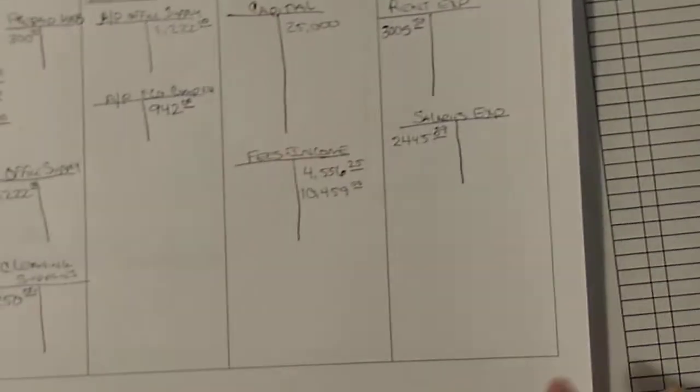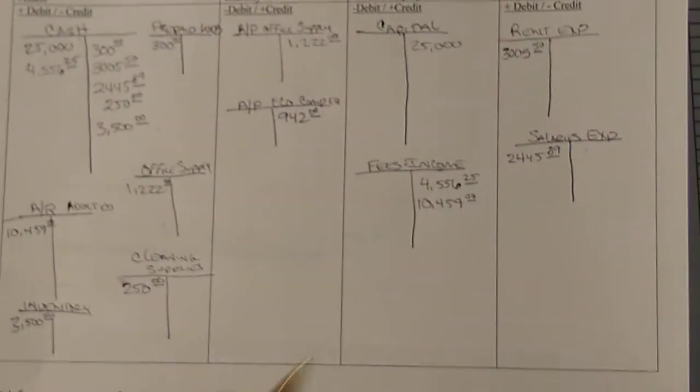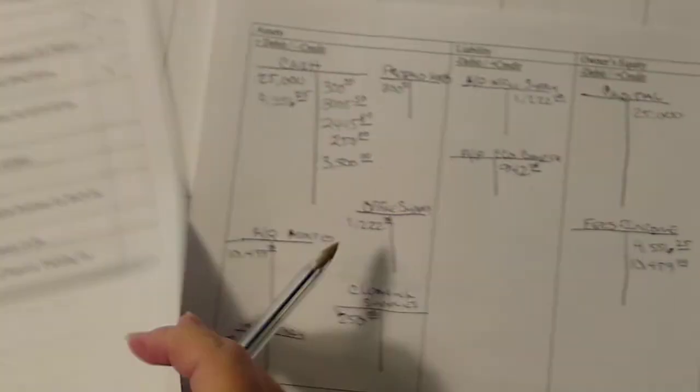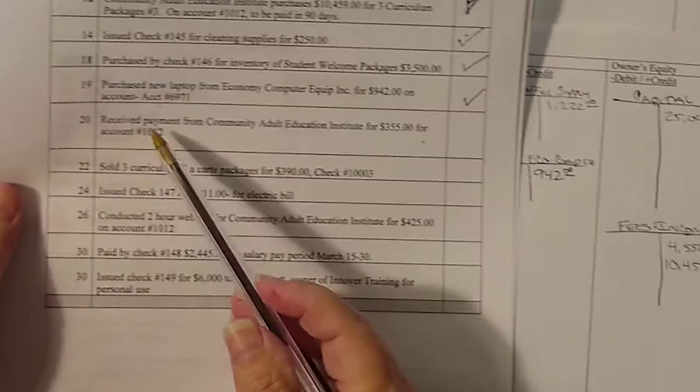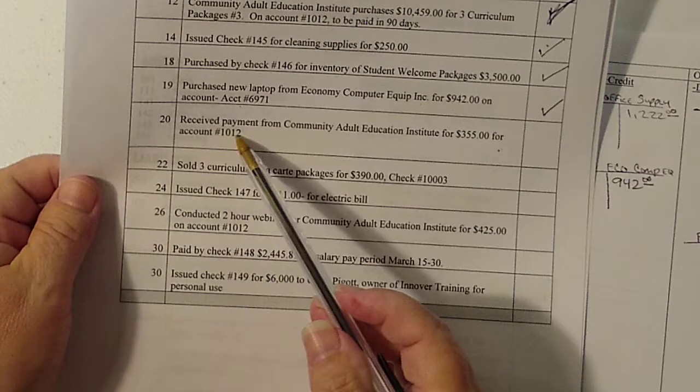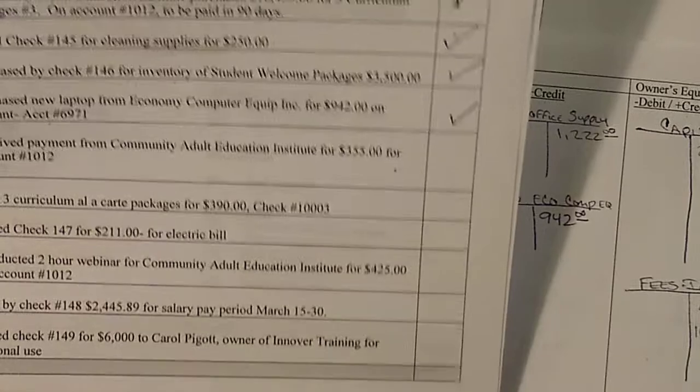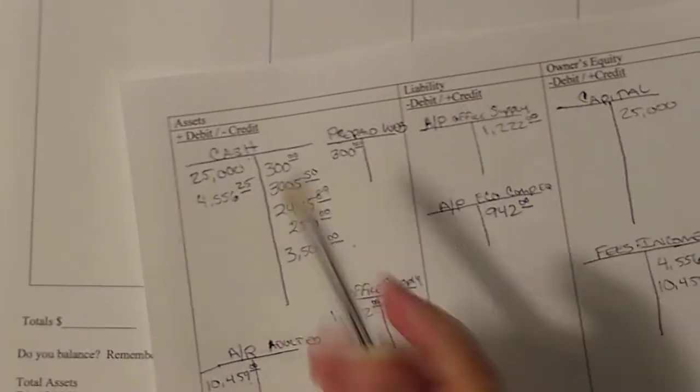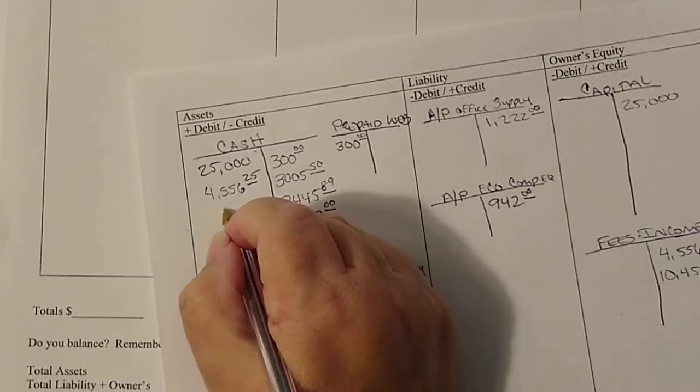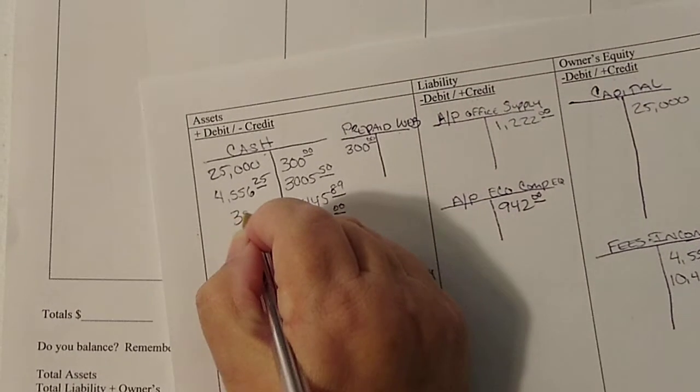So anyway, what account gets debited, what account gets credited? Well, we're receiving a check, or money. It looks like they paid cash. So we're receiving money, so cash gets debited. So we're going to debit our cash account, $355.